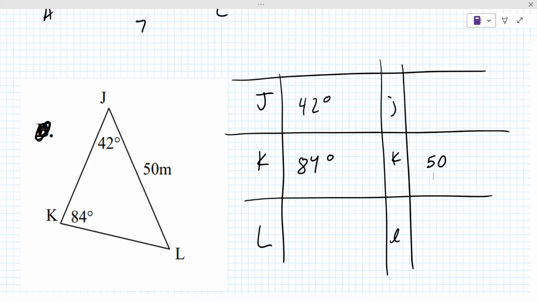Okay. Big L 54 degrees. Yeah, 54 degrees for sure. Do you have either of the sides yet? Not yet.